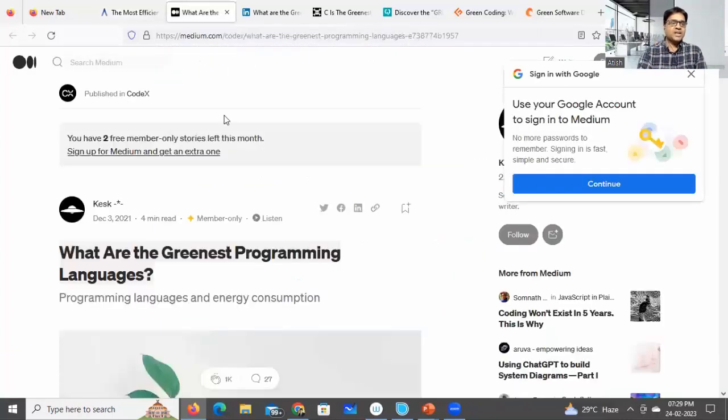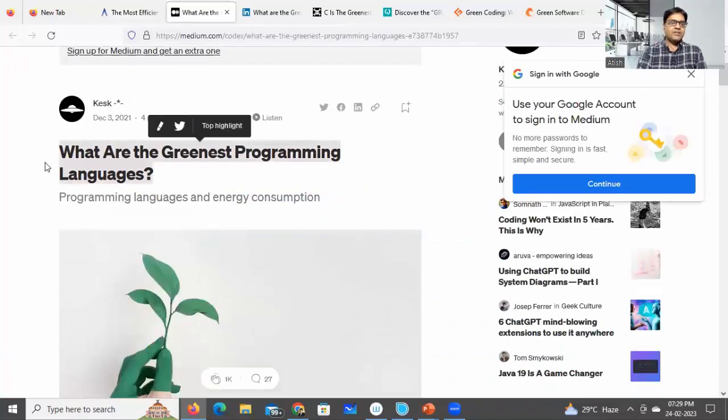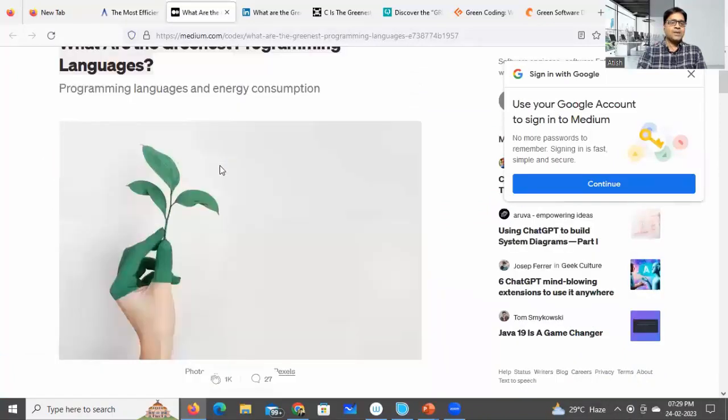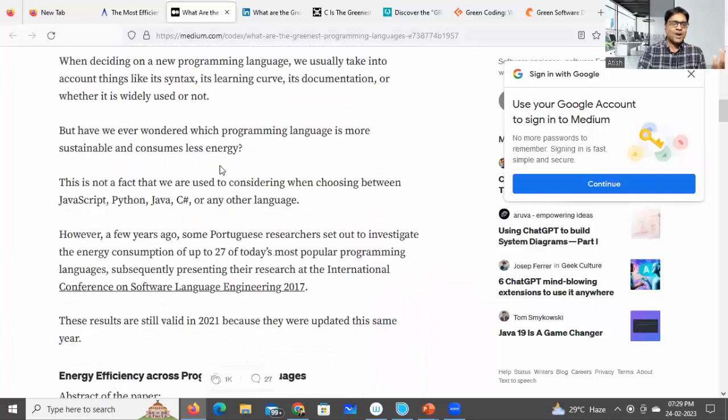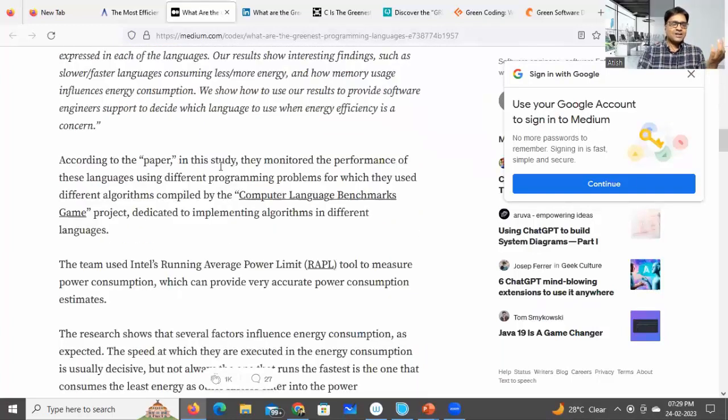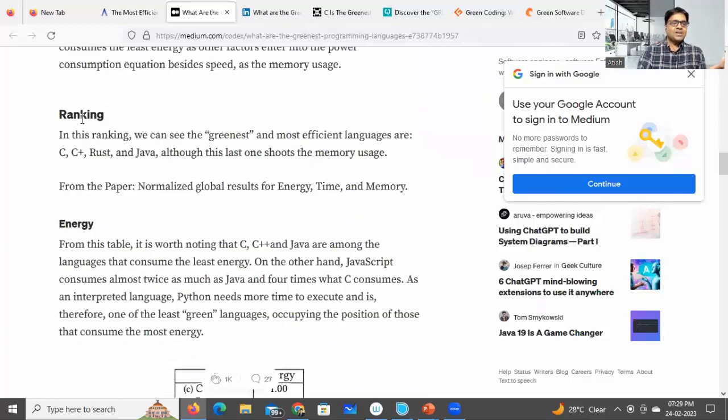This is one website. It covers what the greenest programming languages are and how they compare with the environment, and they have written such beautiful articles. When it comes to ranking, the greenest, most efficient languages are C, C++, Rust, and Java, although this last one is poor in memory usage.